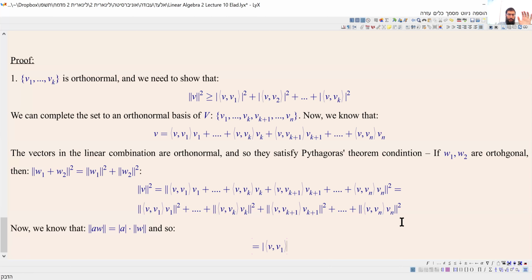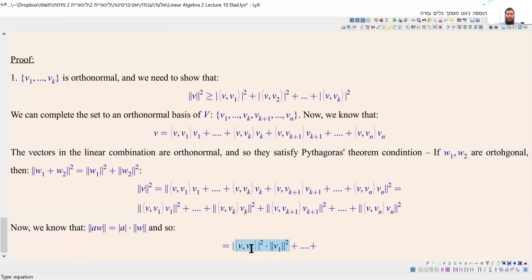Of course, it is squared because the norm is squared, multiplied by the norm of V1 squared. And it goes the same for all the others: Vk, Vk plus 1, and so on, for Vn.